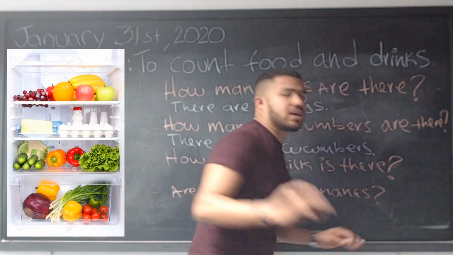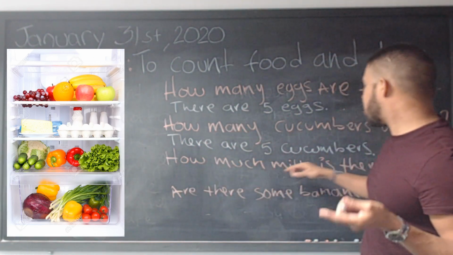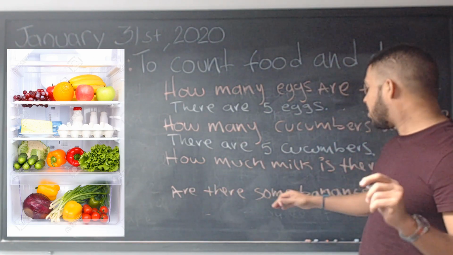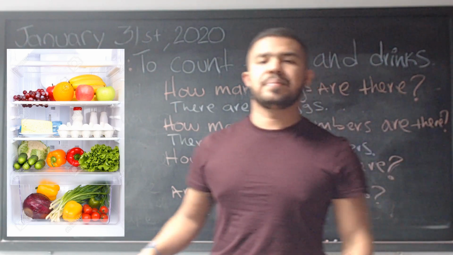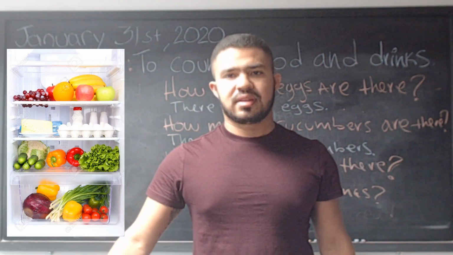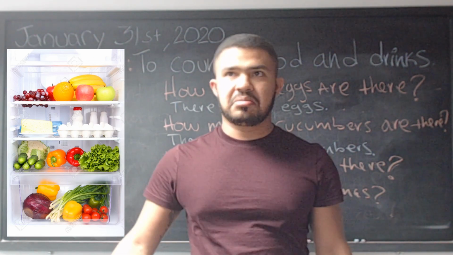Good. So guys, those questions, two questions. The first one is how much milk is there, and the other question is are there some bananas? Yes or no? You got answers? Yes. Good. Natalia, 20 eggs. Okay.